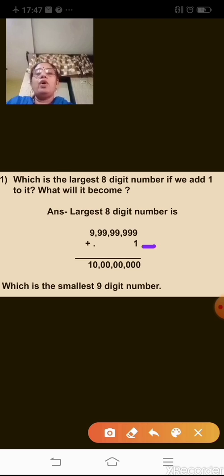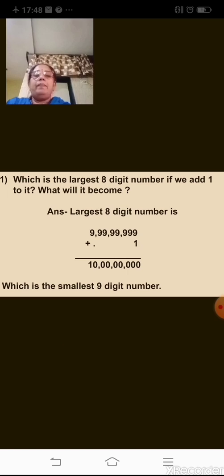So to the largest 8-digit number, if you add 1, you will get the smallest 9-digit number. According to the question, you have to add 1 to the largest 8-digit number. Now coming to the second sum.